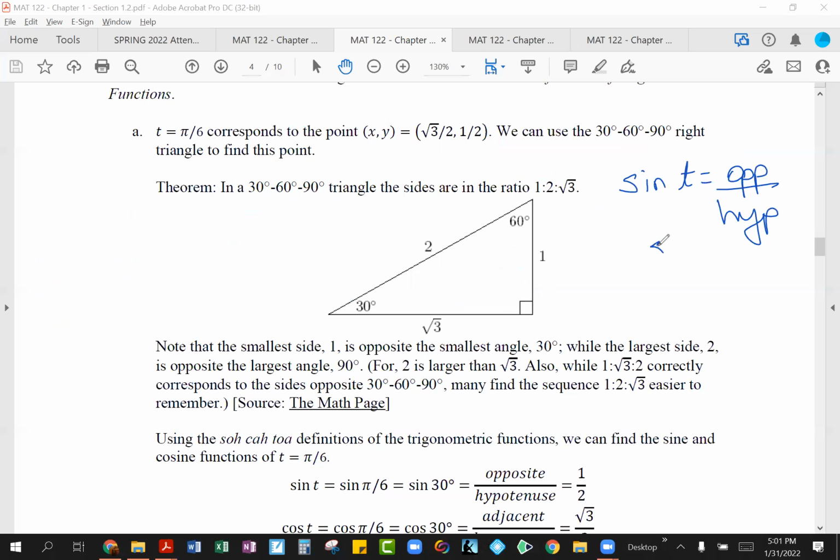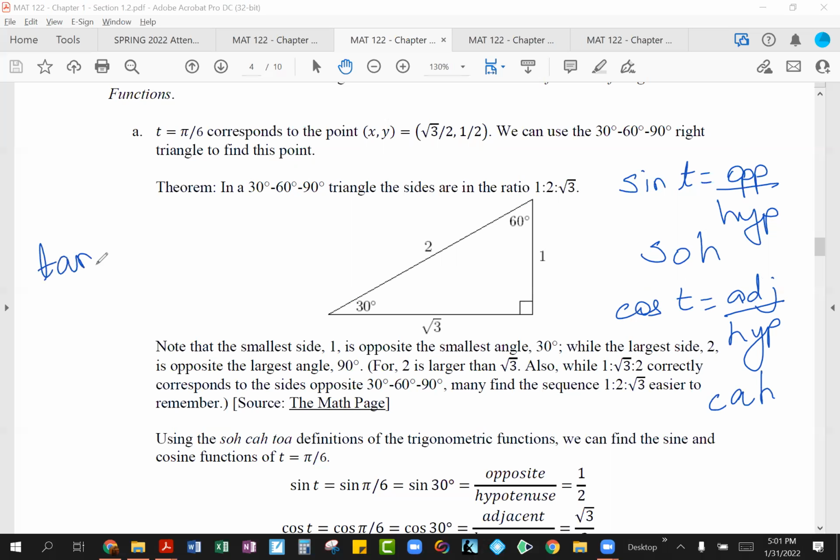So this is where that S for sine, O for opposite, H for hypotenuse comes from. The cosine function is adjacent side over the hypotenuse. So that's going to be C for cosine, A for adjacent, H for hypotenuse.